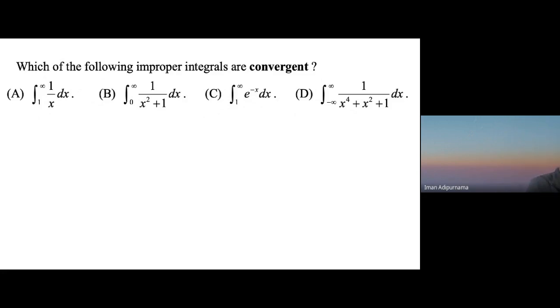So for D, to understand this question, we can separate this. And since we know that if we have 1 over x like this, we know, like if we have the evaluation from 1 to infinity.